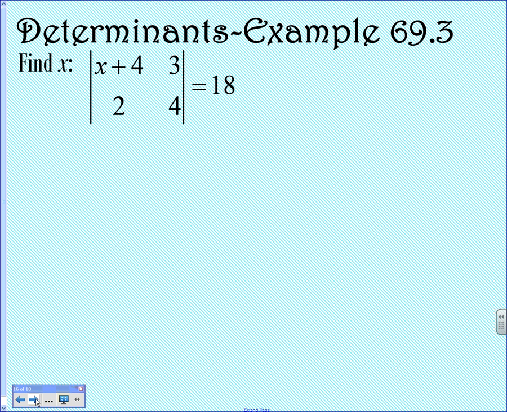Okay, this one is a little bit different. Yes, we have to find x. What is it telling us? The determinant is 18. So how are we going to find x? Okay, what would be our equation?